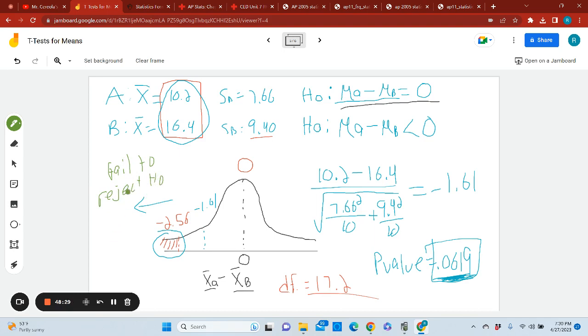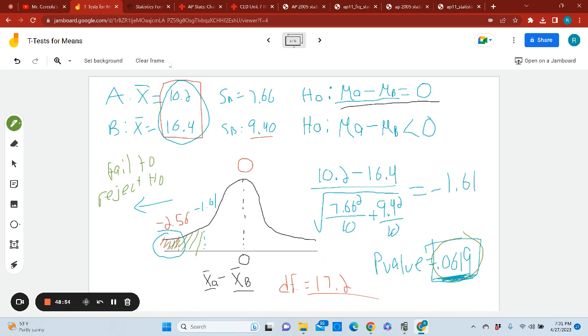And the rationale that you would give is because the p-value of 0.0619 is larger than the significance level of the test. Here's your 1% area, but the area to the left of here is actually 6%. It's just not an extreme enough difference for me to say that the drug definitely works.